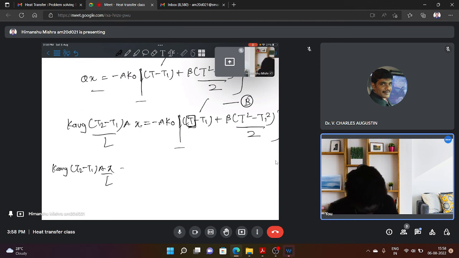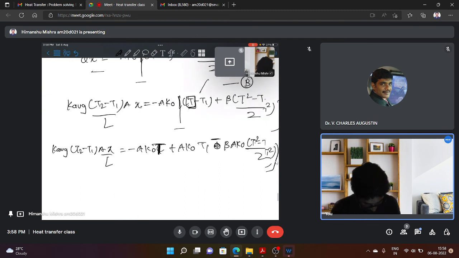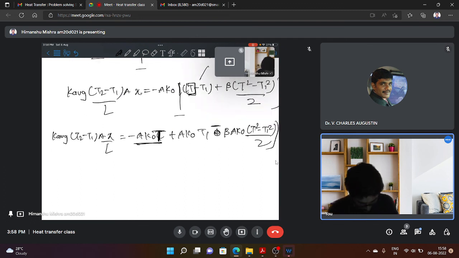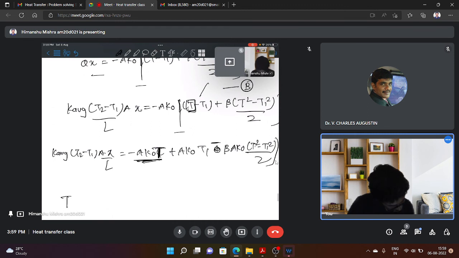X by L, A K naught T plus A K naught T1 plus beta minus beta A K naught here. Putting this at the left hand side, we can obtain, oh, we have a T square here also.